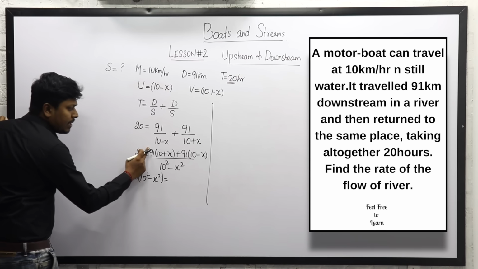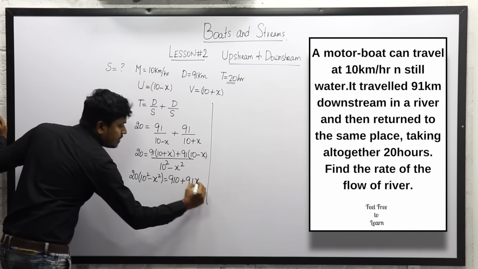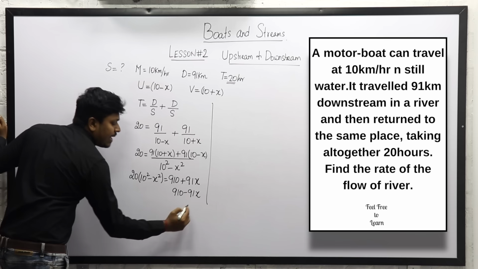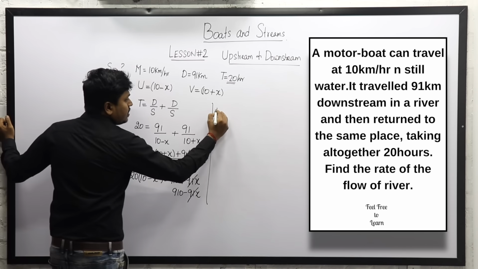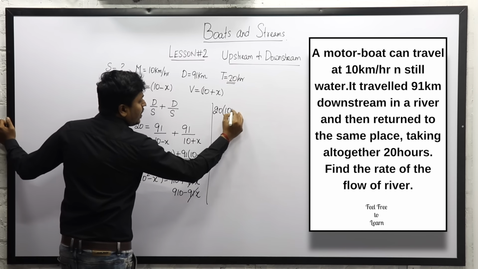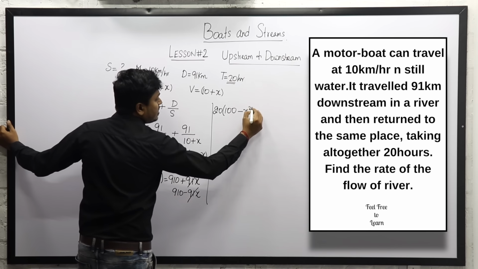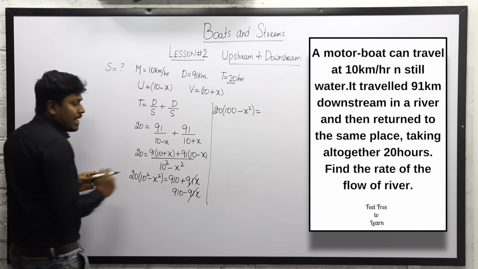So 91 into 10 will be 910 plus 91x, and this will be 910 minus 91x. So we can cancel plus 91x and minus 91x. Here we have 20 into (100 minus x square) is equal to 910 plus 910, which will be 1820.